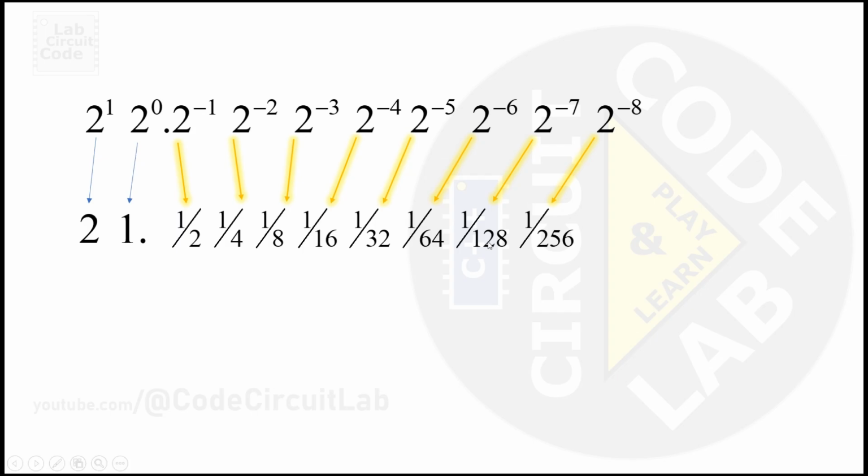These are also needed, and you'd better see them and see how they work. We have 2, 4, 8, 16, 32, 64, and so on. We have them on the fractional side as well.